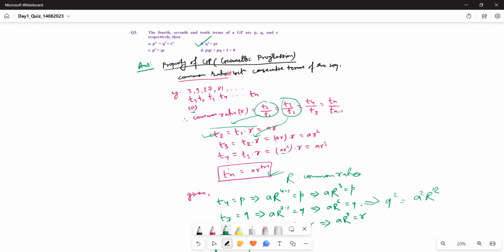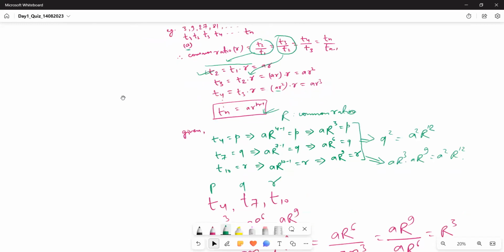And when you multiply P and R, A R cubed times A R to the power 9, you get A squared R to the power 12. So when you play with the options, you get option B, and you can reject the other options by checking them.